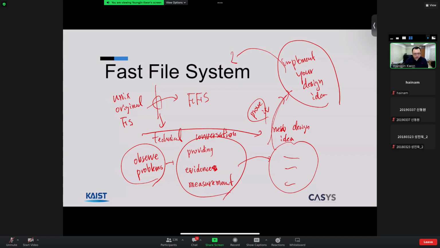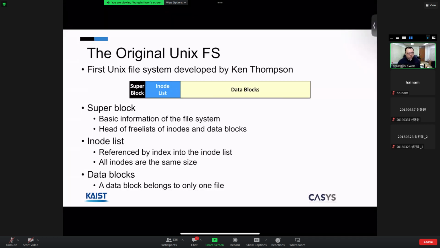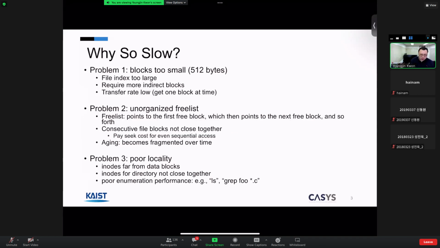This slide shows the example of fast file system. First, it introduces how the original file system works and analyzes three problems, three performance pathologies. The first one is that the block size is too small, so consequently the transfer rate is too low.